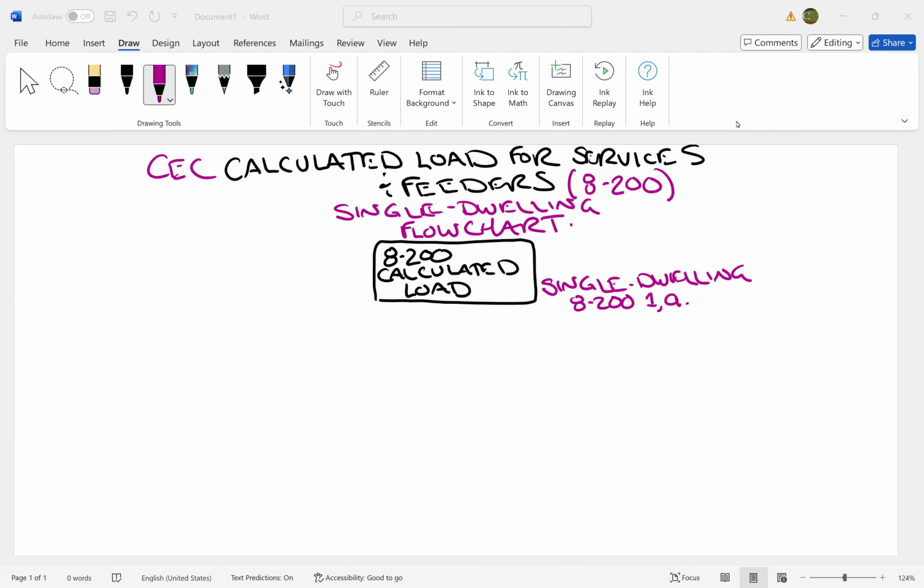Large is greater than 90 meters squared. So if it is less than 90 meters squared, then use, and this is really important, 5,000 watts for this small house.